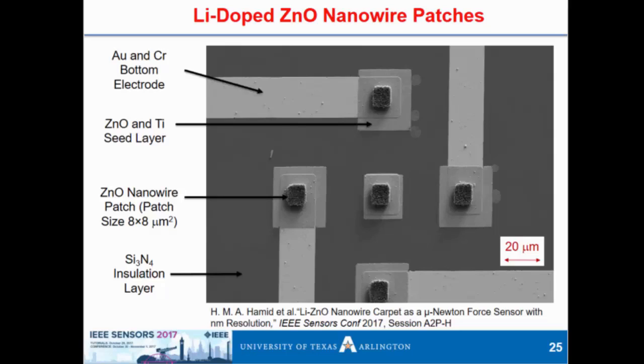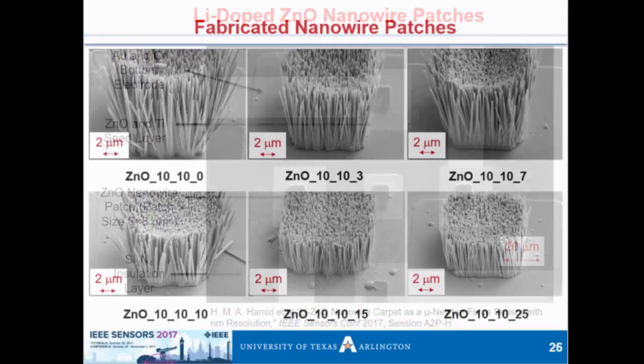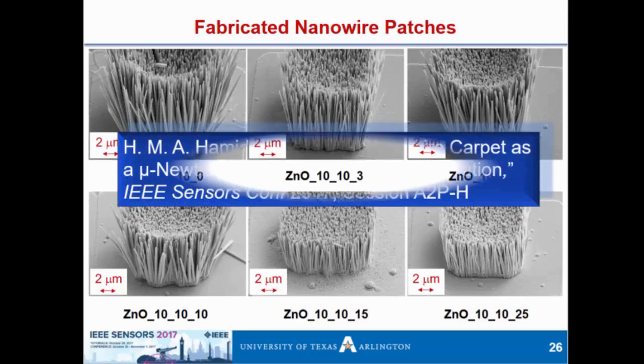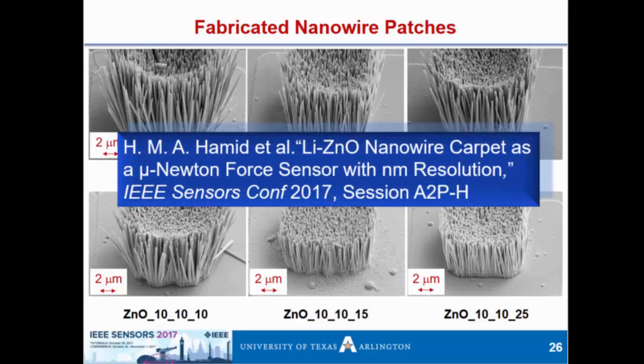It is in the slot called 70 downstairs. Please go and look at it. So we were able to go from zero lithium doping all the way up to 25 millimolar lithium doping. Not only did it change the characteristics, but it also changed the response. And here it is. Please do go see and please look at the paper also.